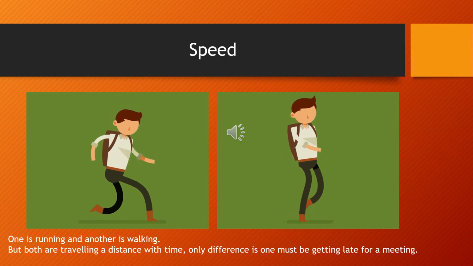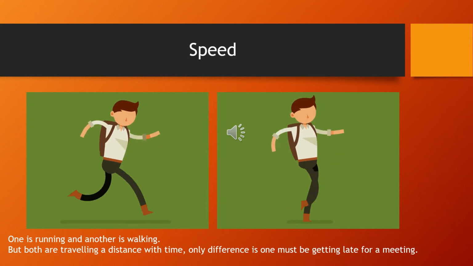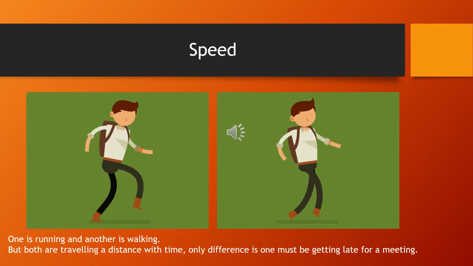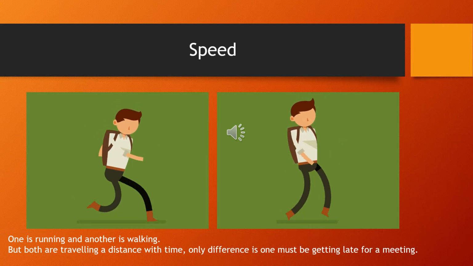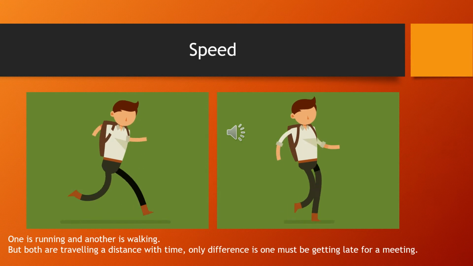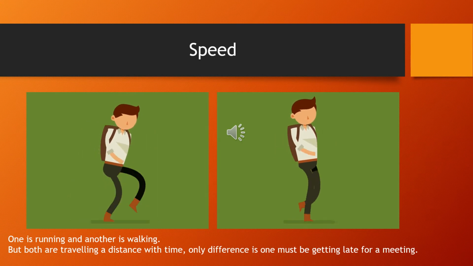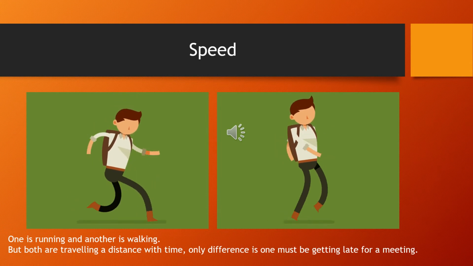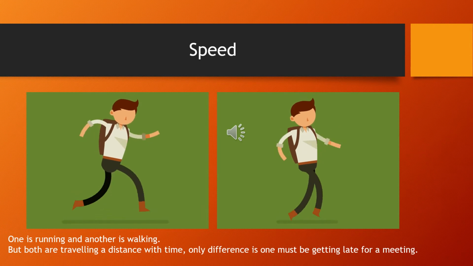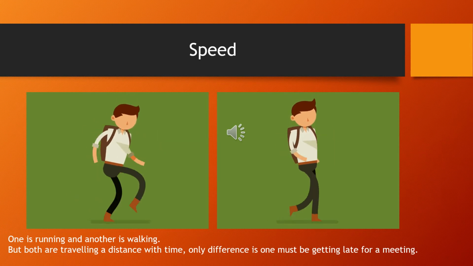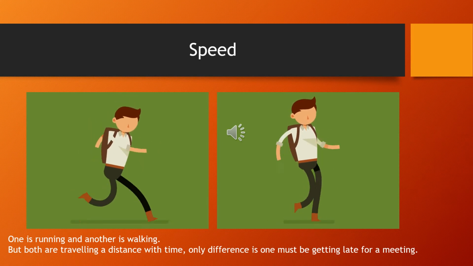The one who is running would be able to complete a larger distance in a small interval of time, and the one who is walking will not be able to cover as much as the running person. The speed of a body describes the rapidity of its motion at a particular moment of time during the course of motion.